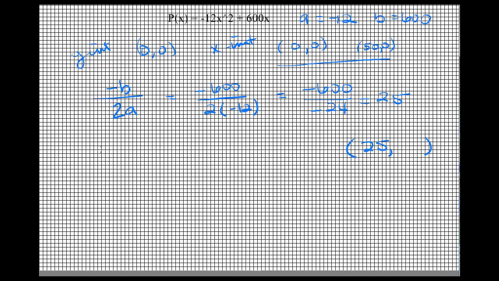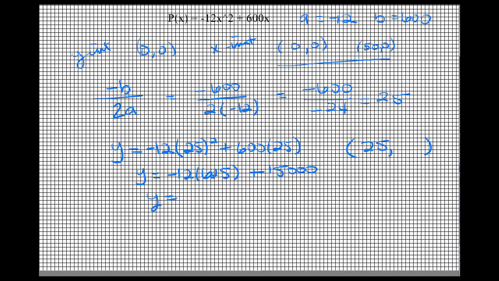We now have to find y. To find the y-coordinate, we take this x-coordinate and plug it back into the original equation up here, and then solve for y. So 25 to the second power is 625, and then 600 times 25 is 15,000.